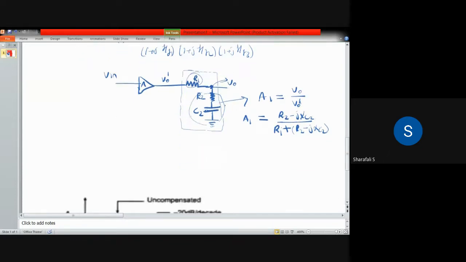This we can further reduce. A1 is equal to R2 minus j times XC2, where XC2 is 1 by 2 pi f C2, divided by R1 plus R2 minus j by 2 pi f C2. Remember, this C2 is the expression and this C2 is the value.